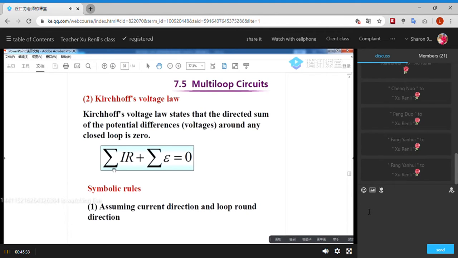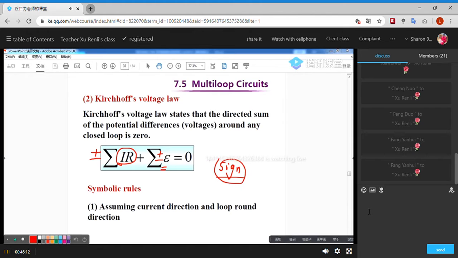But the thing about the voltage law is that there is a sign. The voltage across the resistor may be positive or negative, and the EMF may also be positive or negative.